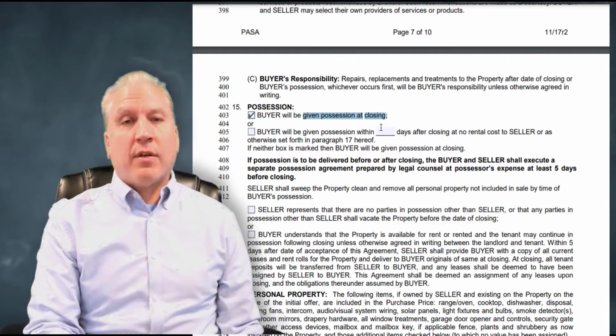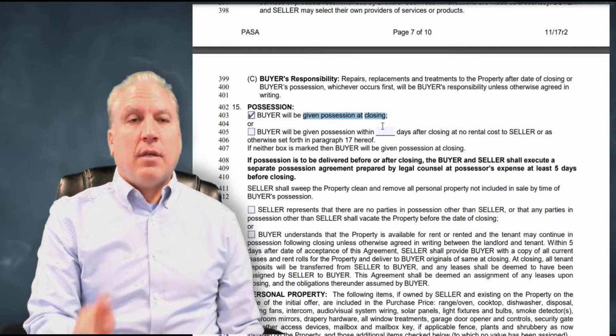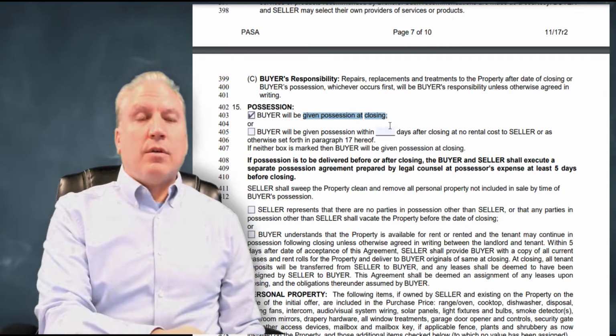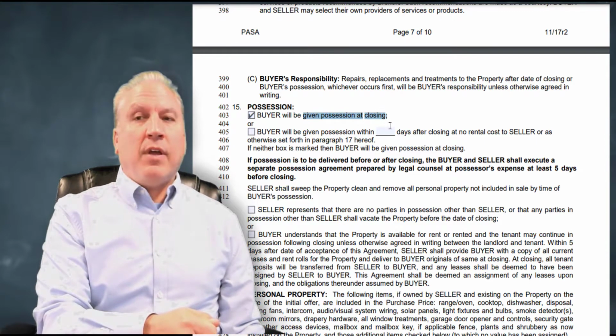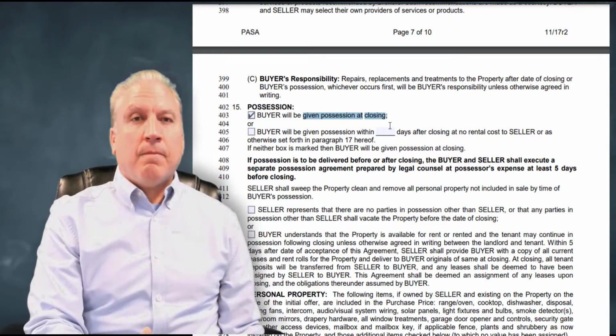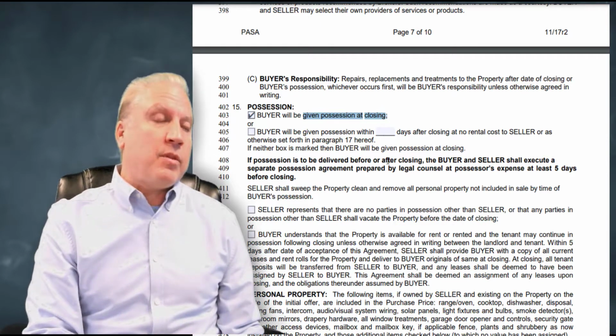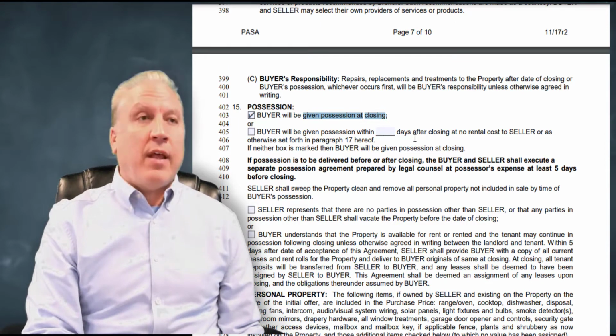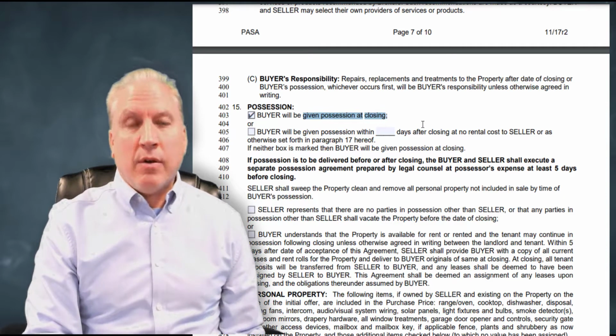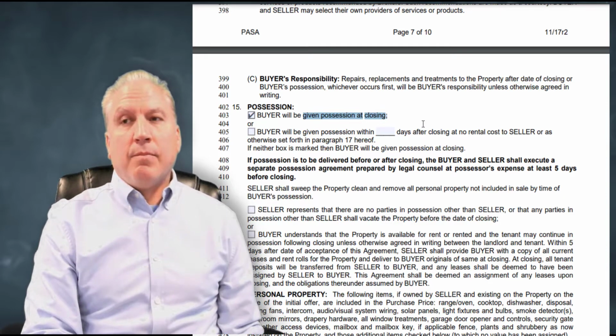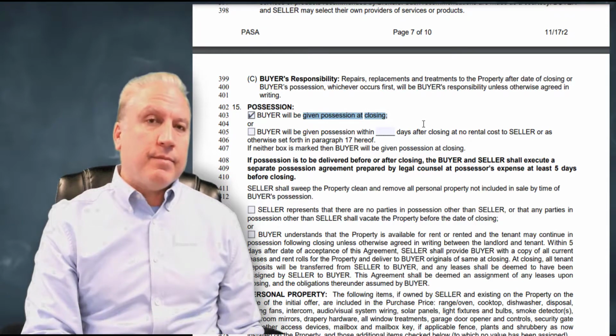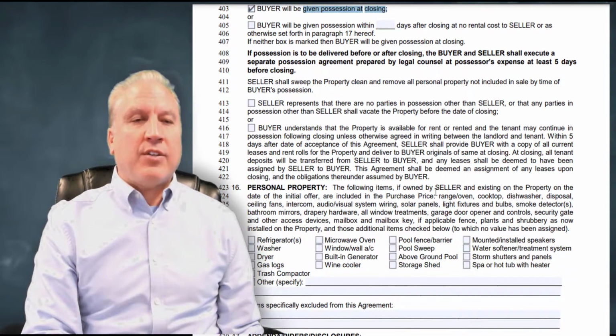They go right to the closing agent. They do their closing. They go to the house with their keys to move in, and they find somebody's living there. There's been some owners that, especially with the pandemic, have bought a house and couldn't move into it for a year because of eviction moratoriums. So be very careful with possession at closing.